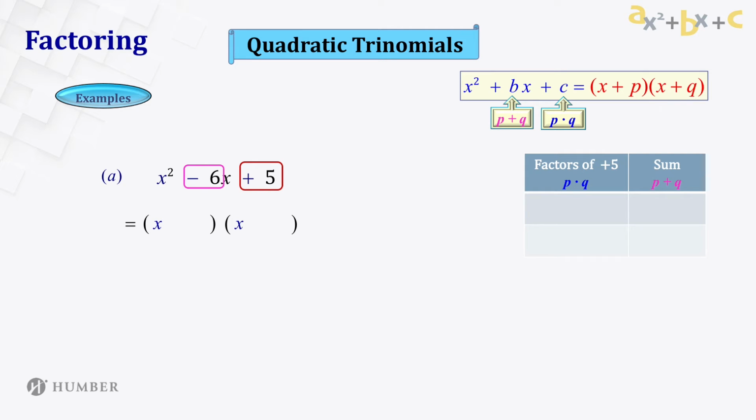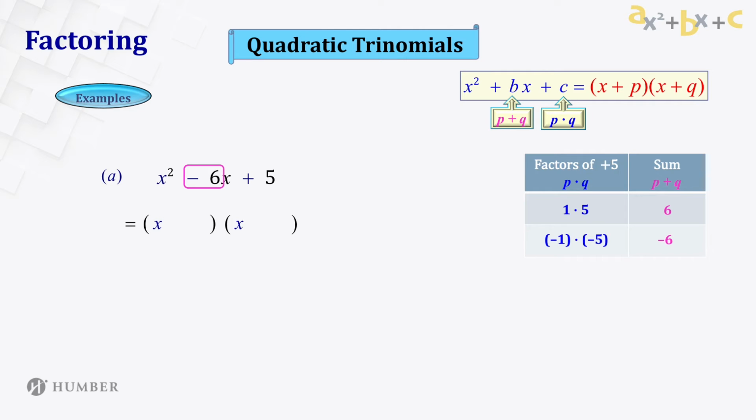Try 1 times 5, which gives the sum of positive 6. That is not our desired sum. Then we can try negative 1 times negative 5, which gives us negative 6. This value matches the coefficient of x.